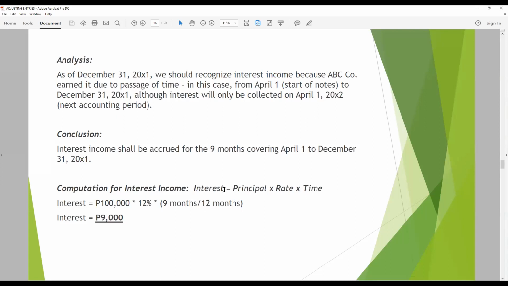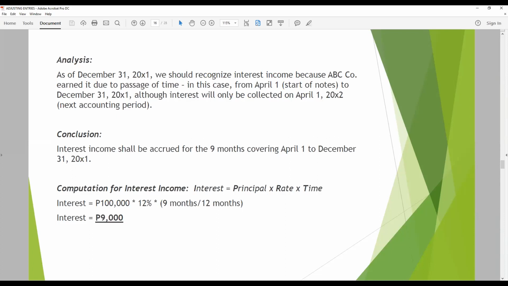So paano nyo i-compute yung interest income? Interest is equal to principal times rate times time. So if maalala nyo sa math nyo, PRT, yung computation ng interest. I is equal to PRT, principal times rate times time. So 100,000 ang principal times 12% ang rate times 9/12. 9 lang kasi 9 months lang yung kino-compute natin from April 1 to December.